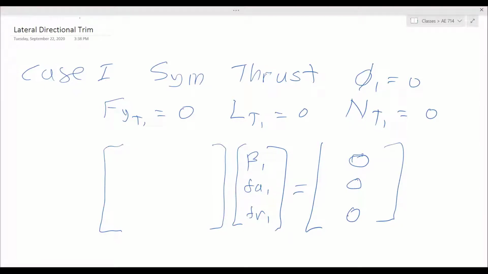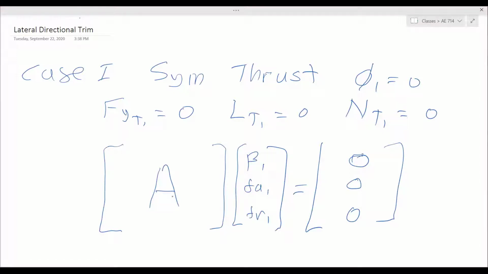Can you tell me what beta, aileron, and rudder are when we solve this problem? This should be a problem on the exam because it's so easy. What is beta? Here's a matrix. The matrix is not singular.